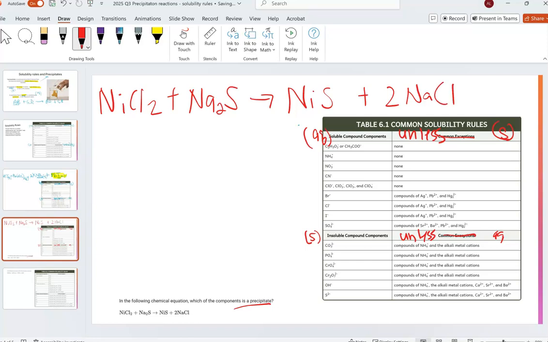So it says in the following, which of the components is a precipitate? So in all double replacement reactions, our reactants have to be aqueous. Okay, and we can check that, but they have to be aqueous. So I'm going to put AQ, squeeze it in and do it properly. AQ and AQ. If they're not aqueous, then the reaction's not going to happen.